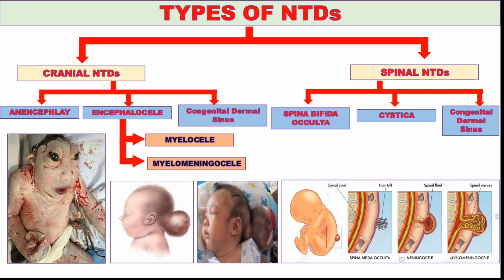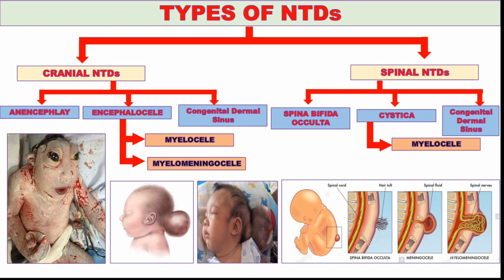Spinal neural tube defect is divided into spina bifida occulta, aperta or cystica, and congenital dermal sinuses. Cystica is further divided into meningocele, where you can see only the membrane herniates through the defect in the vertebral body, while in spina bifida occulta there is only a defect in the vertebra.